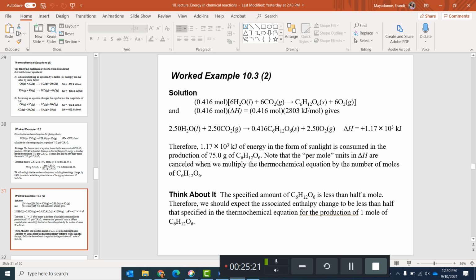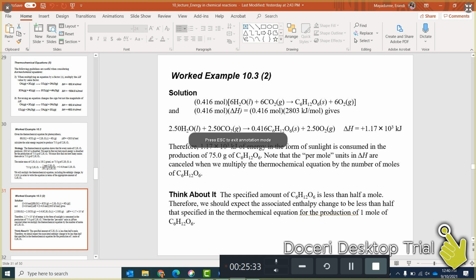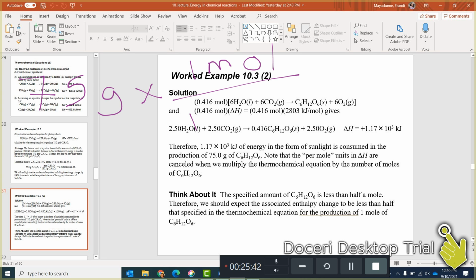Okay, so at the very first, I find the number of moles, which is 0.416 moles, right? 0.416 moles I have.